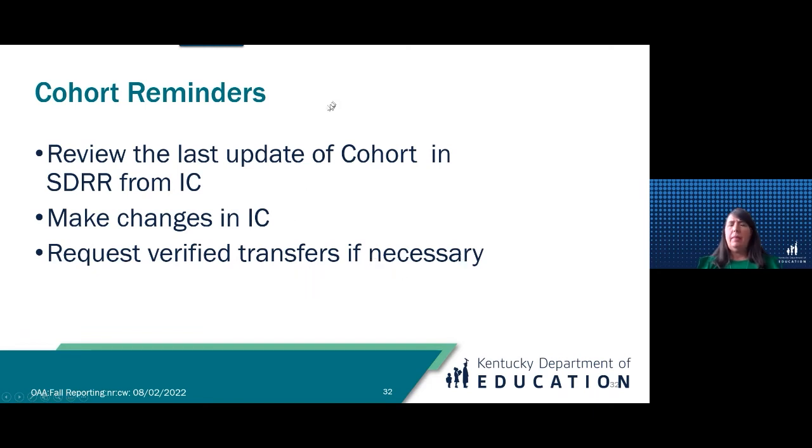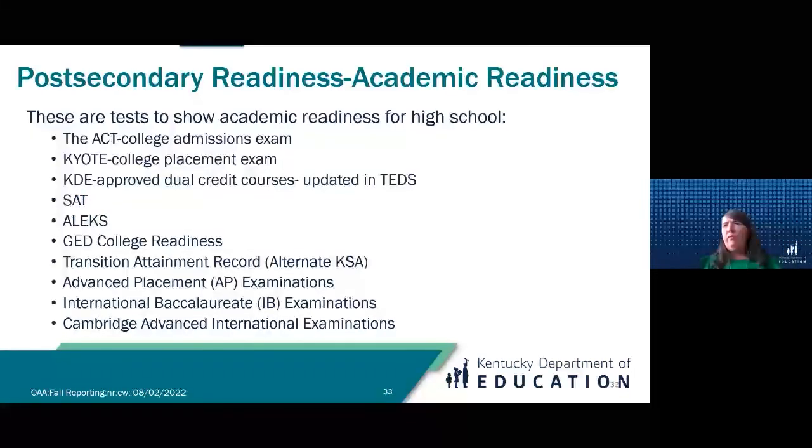And then there are going to be resources that I'm going to link to in this presentation to help you with cohort. That'll come later in the presentation. Now, let's move into our last part, which is post-secondary readiness, and that is the academic readiness.